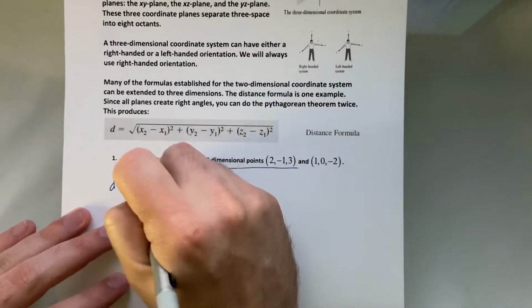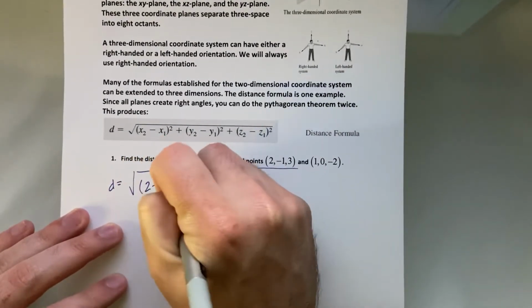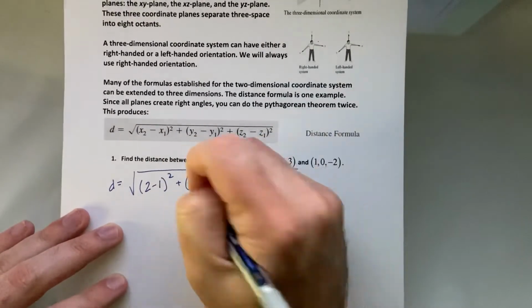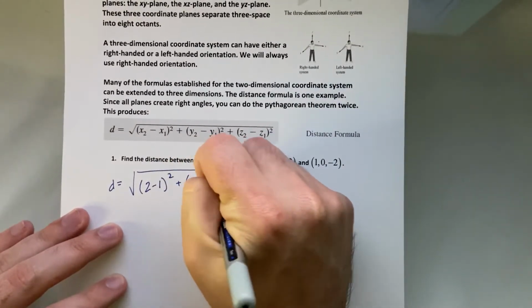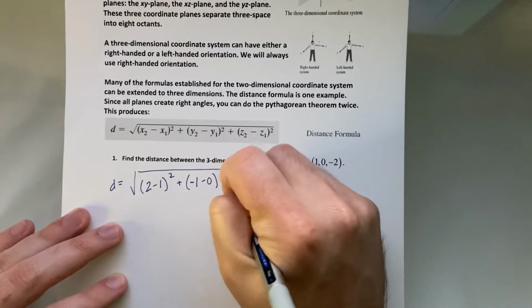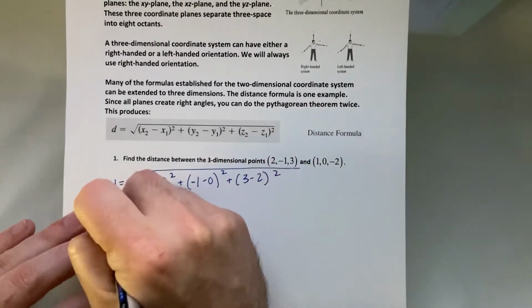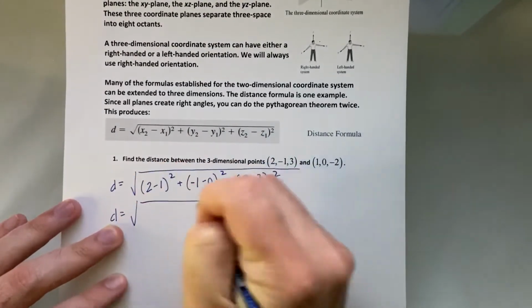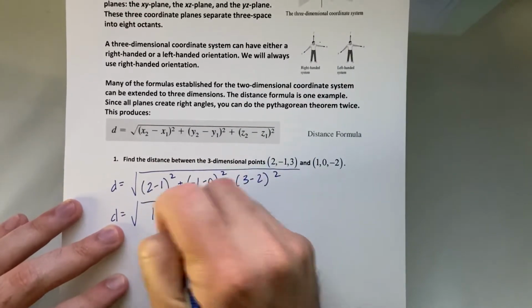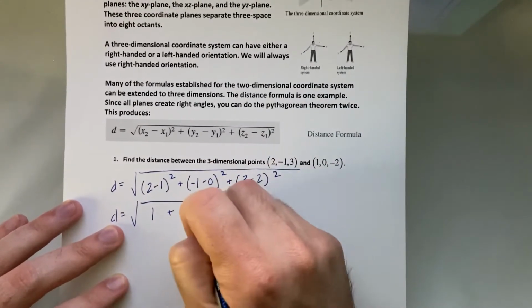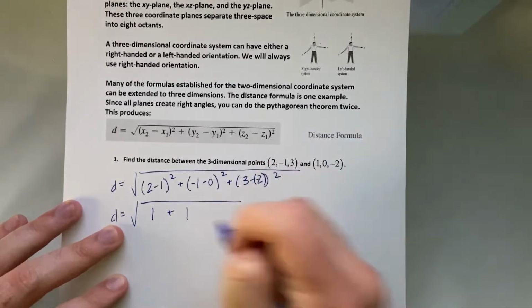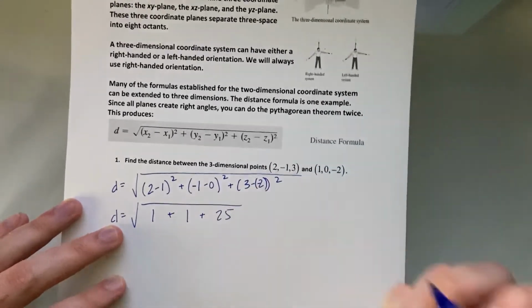So I'm going to do the first point minus the second one. 2 minus 1 squared plus negative 1 minus 0 squared plus 3 minus 2 squared. That's 1 squared, which is 1. Negative 1 squared is 1. And this is a negative 2, and 5 squared is 25.